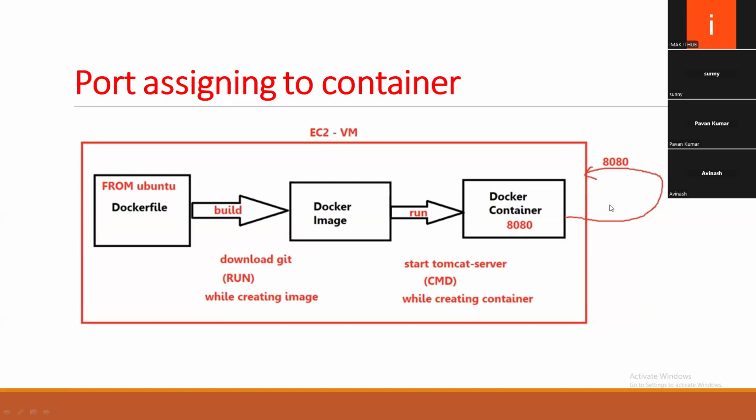First, we need to go through the EC2 VM, so for that purpose we need to enable the host port. Host port is 8080 and container port is 8080. Then only we can see the application from outside. Guys, understood? Port assigning to the container.